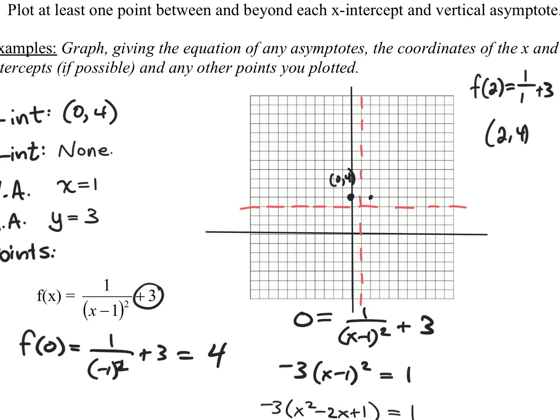I have no x-intercepts, so no values will exist beneath my horizontal asymptote, as I can see here. And my graph, I'm going to just follow along that horizontal asymptote and then go up and do the same thing on the other side. And this will flatten out and go off to infinity.